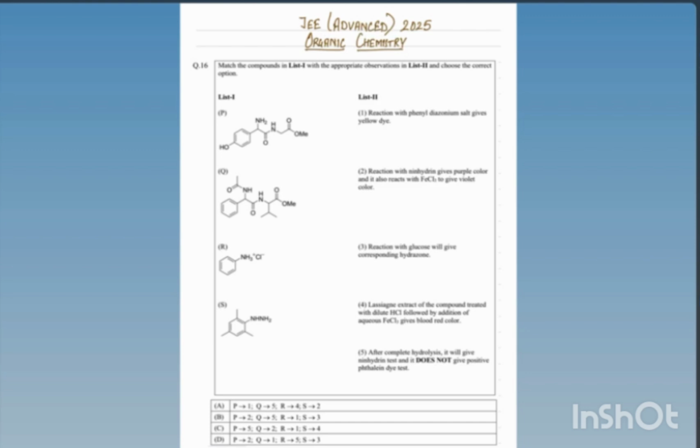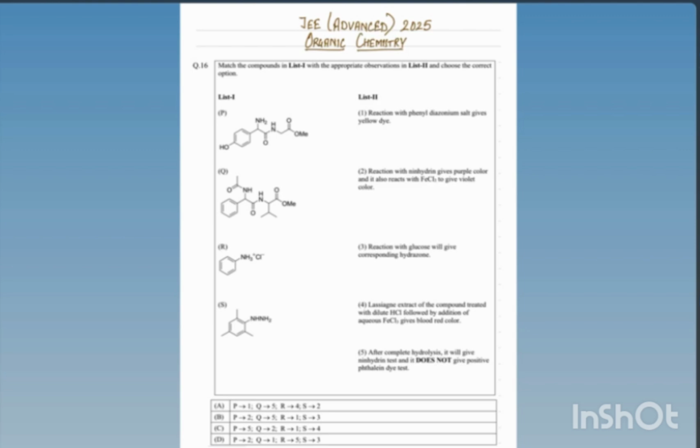The first statement says reaction with the phenyl diazonium salt gives the yellow dye. So the yellow dye is given by aniline. An aniline derivative gives the yellow dye with the phenyl diazonium salt.